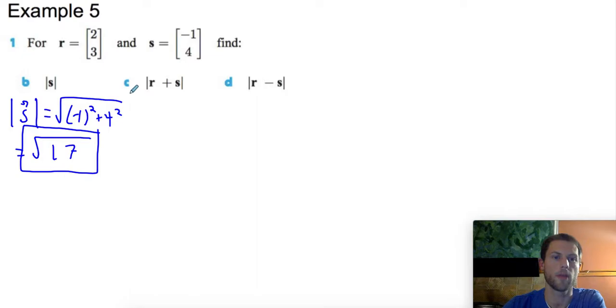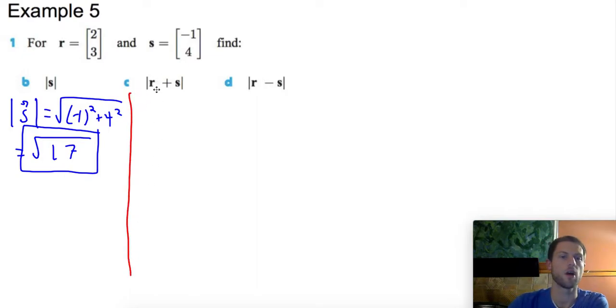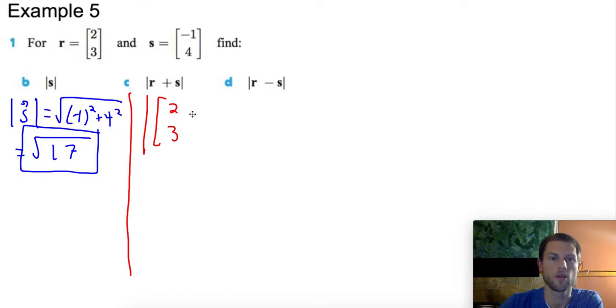Getting a little bit more complex, I want to find the magnitude of the resultant of vector R plus vector S. So really I want to find the magnitude of 2, 3 plus -1, 4. This would be the sum of vectors R and S. So I want to find the magnitude of 1, 7.